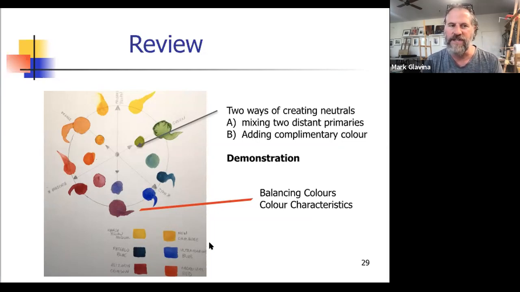So the answer is no, it's not necessarily 50-50 in terms of a baking recipe, right? But it's 50-50 in terms of information of light reflected back to your eye, which may require more or less of one or the other paint, depending on what you're choosing.